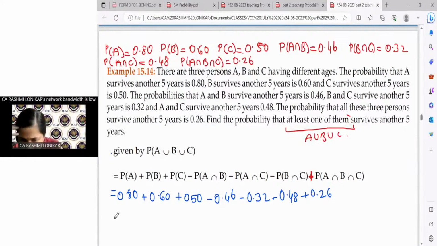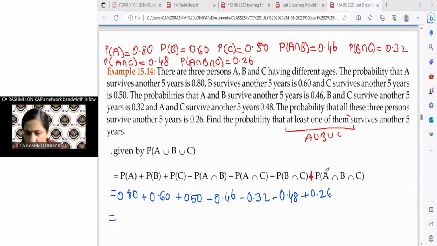And now let us see this. How much is this? So I have 0.8 plus 0.6 plus 0.5 minus 0.46 minus 0.32 minus 0.48 plus 0.26.